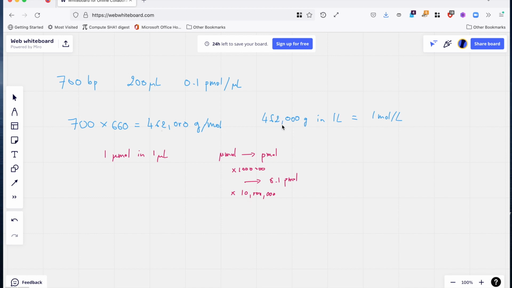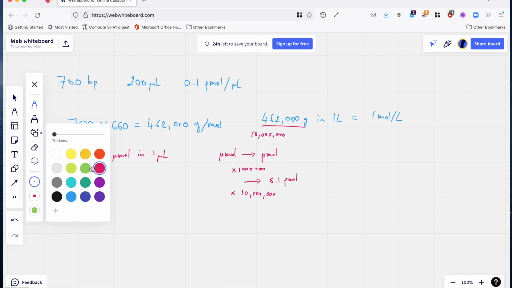All right, so the first thing is that we are going to divide this by 10 million, so that we have a concentration here in the end, which is 10 million times smaller.